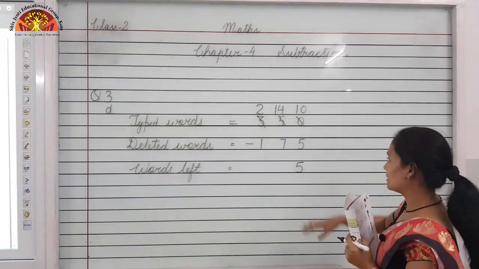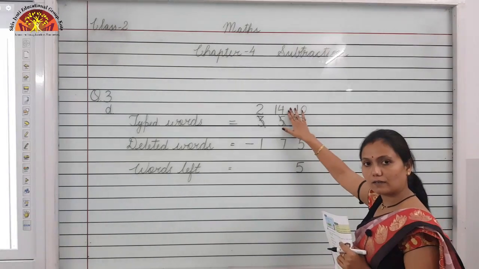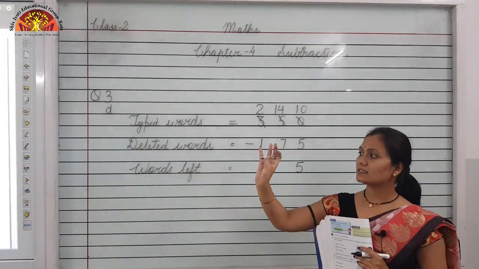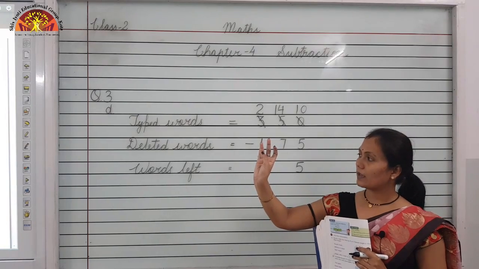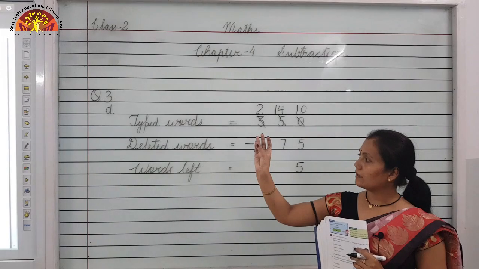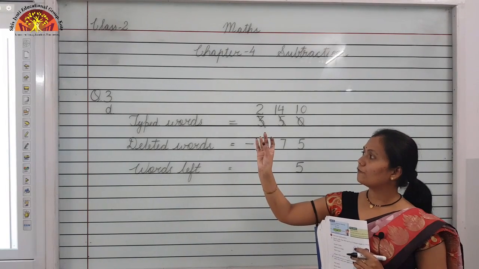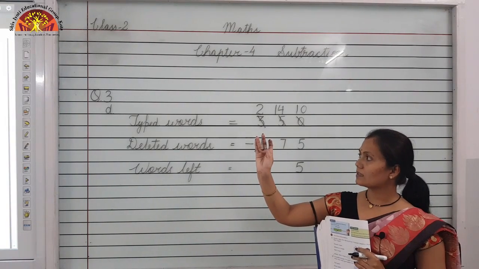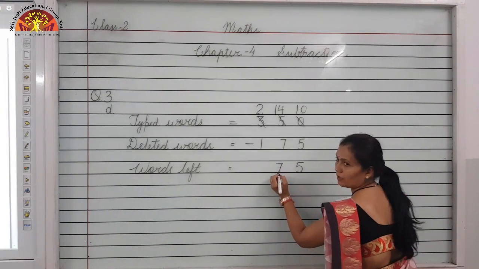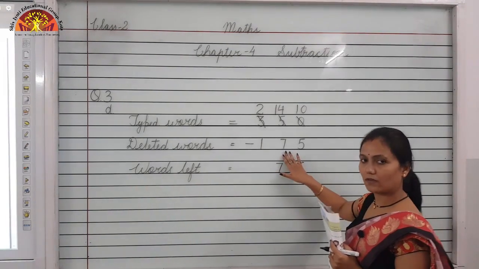Now we will subtract 7 from 14. So count after 7. 8, 9, 10, 11, 12, 13, 14. Now count 1, 2, 3, 4, 5, 6, 7. So what will come here? 7. 14 minus 7 is 7.